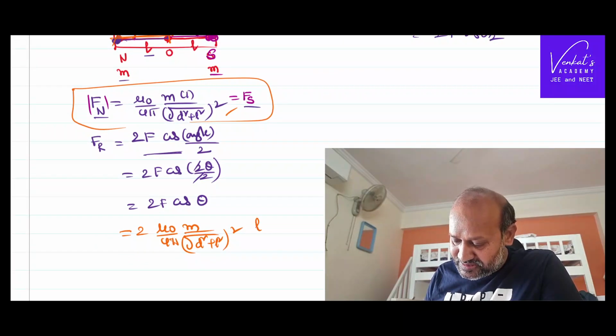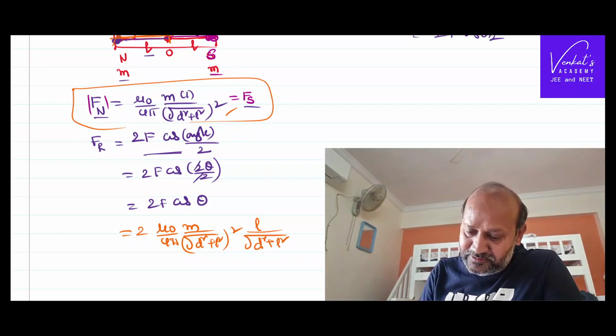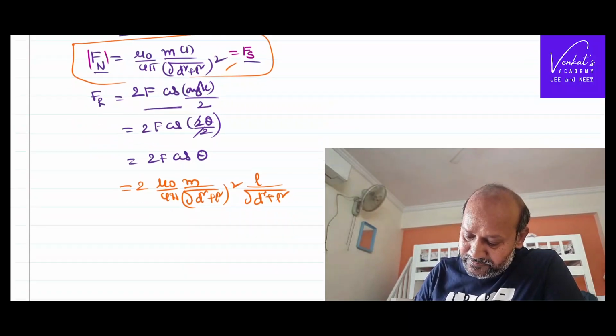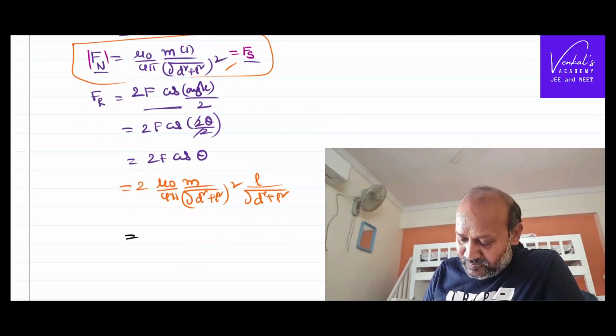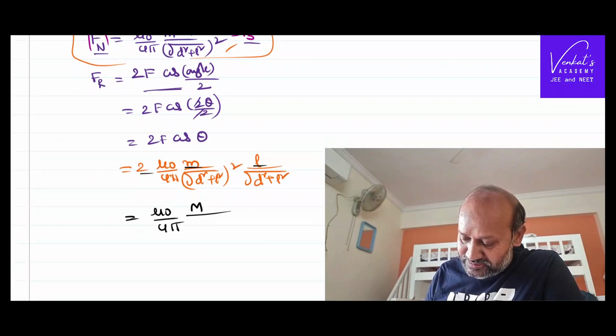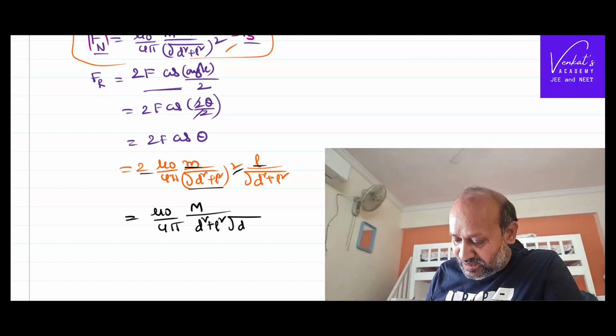Let us simplify this further. Mu naught by 4 pi, small m into 2L is called magnetic moment, capital M, we know that. Root of d square plus L square whole square is there, therefore square and root will go.